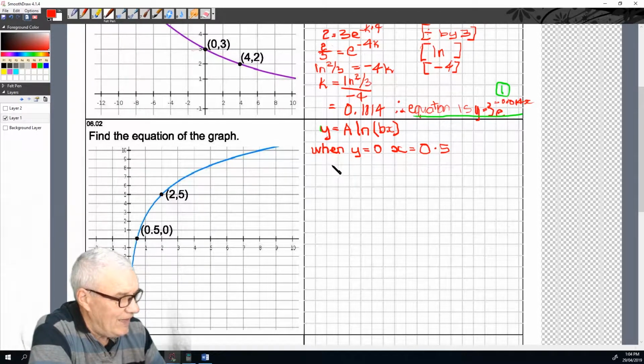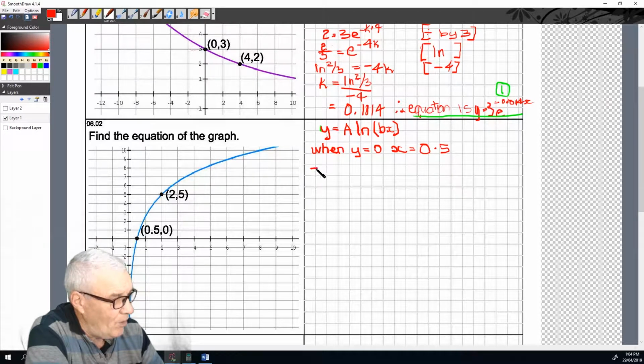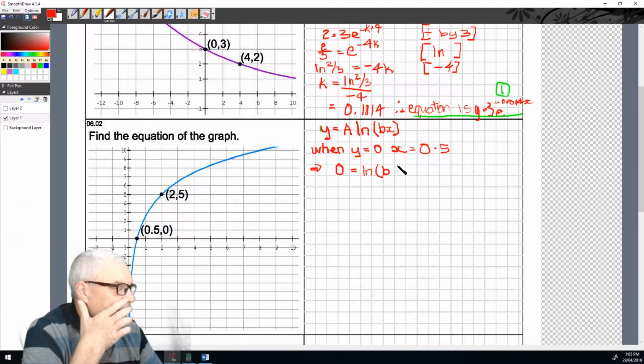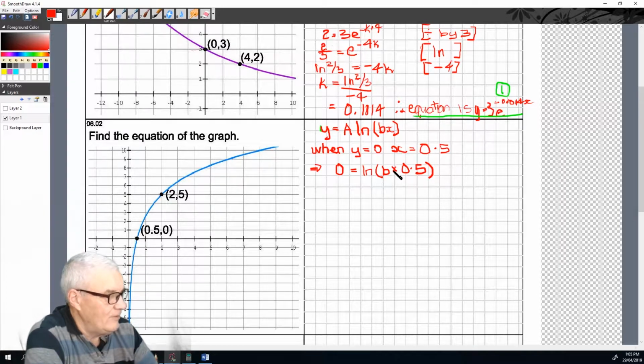So what we can say there is this implies that 0 equals ln b times x, which is 0.5, because the only way it can be 0 is if that's 0.